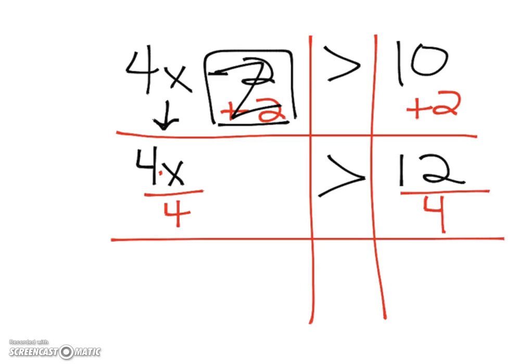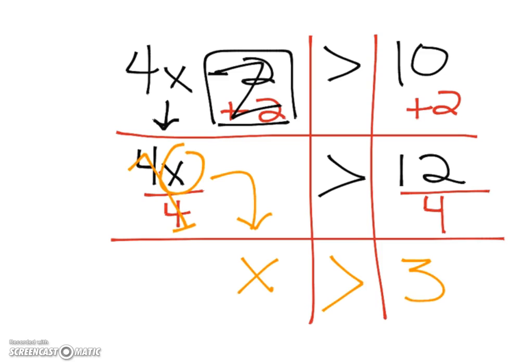Now when I divide by 4, these 4's cancel out because 4 divided by 4 equals 1. And all that's left over is x. I bring down my symbol, which is still greater than, and 12 divided by 4 equals 3. So x is greater than 3.